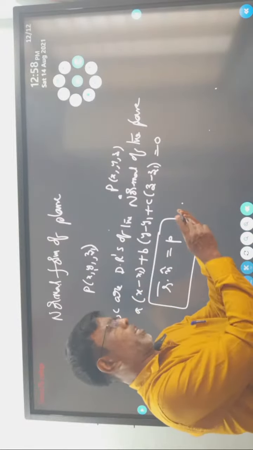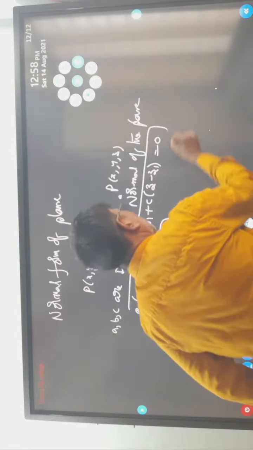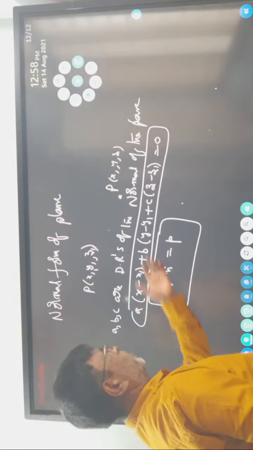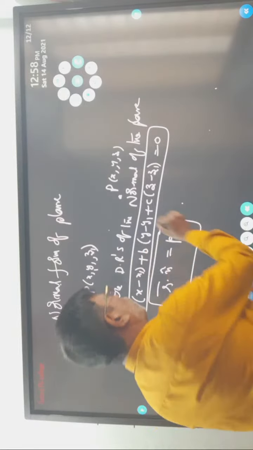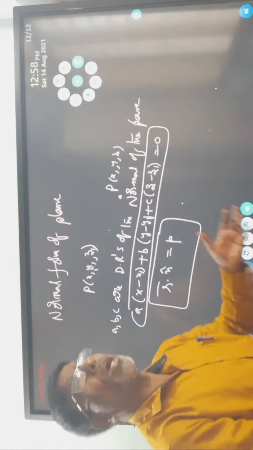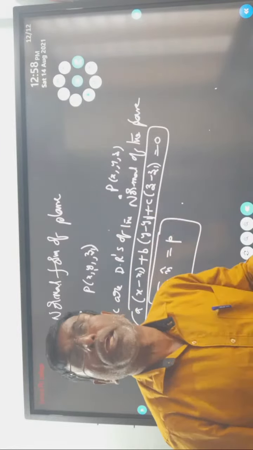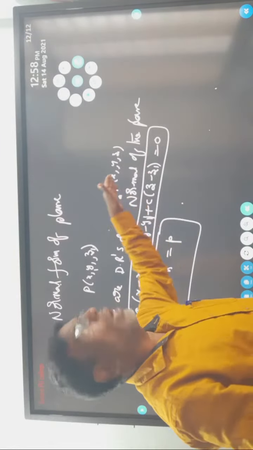This is the vector form. In Cartesian form, it is a(x minus x1) plus b(y minus y1) plus c(z minus z1) equals 0, where a, b, c are the DRs of the normal of the plane, and the plane is passing through (x1, y1, z1).